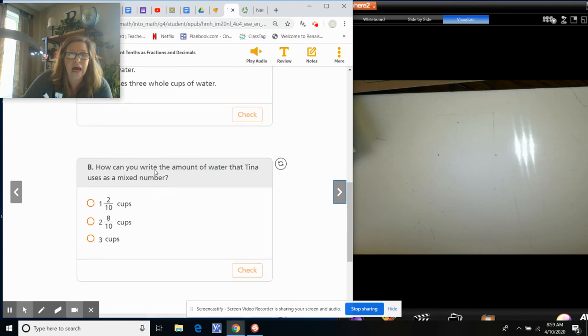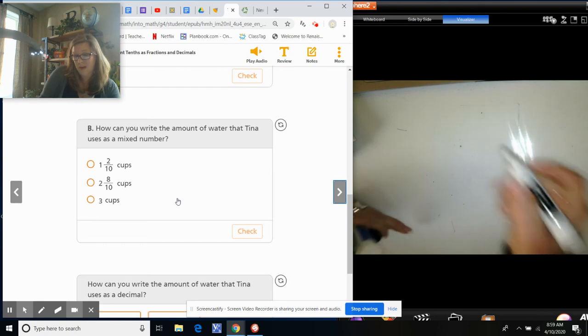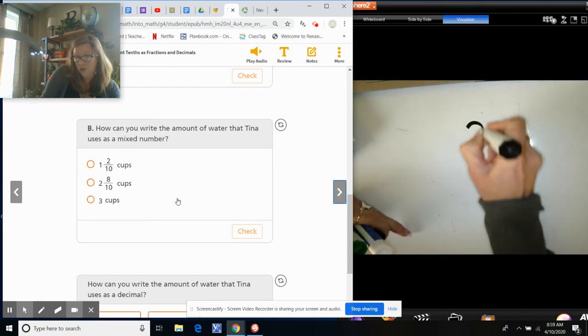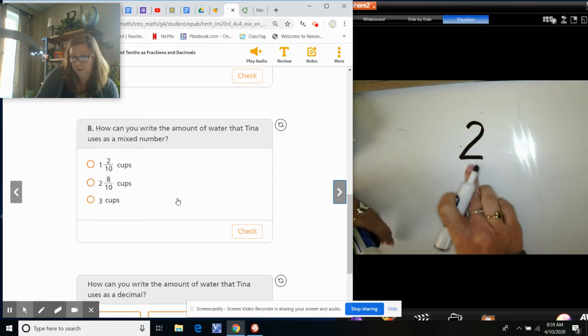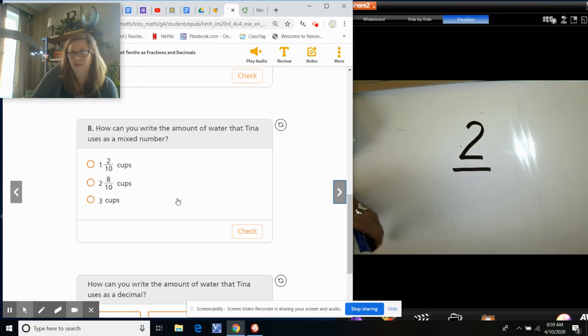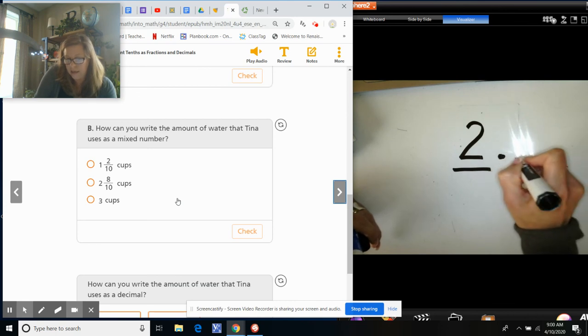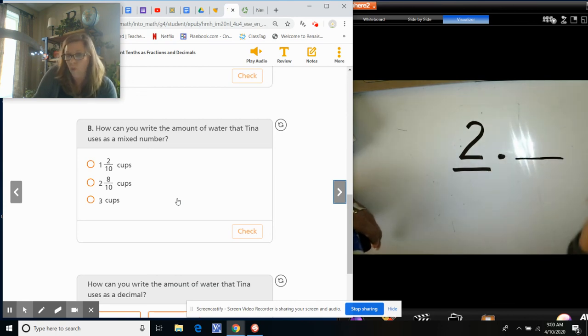B says, how can you write the amount of water that Tina uses as a mixed number? Let's look at our options. We don't even need to look at the options, actually. We can figure this out on our own. We said she has 2 whole cups, so we're going to represent that 2 whole in the ones position. I'll make that place value position for you. Then we need to figure out what the tenths is.